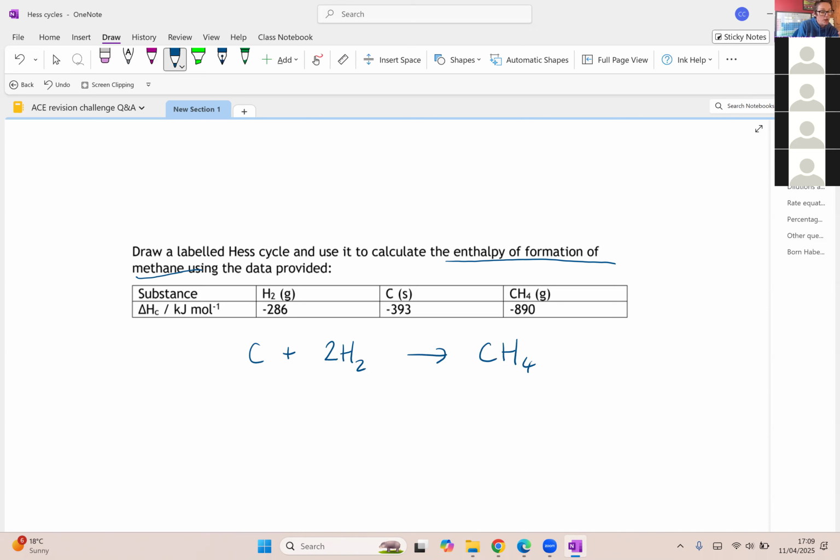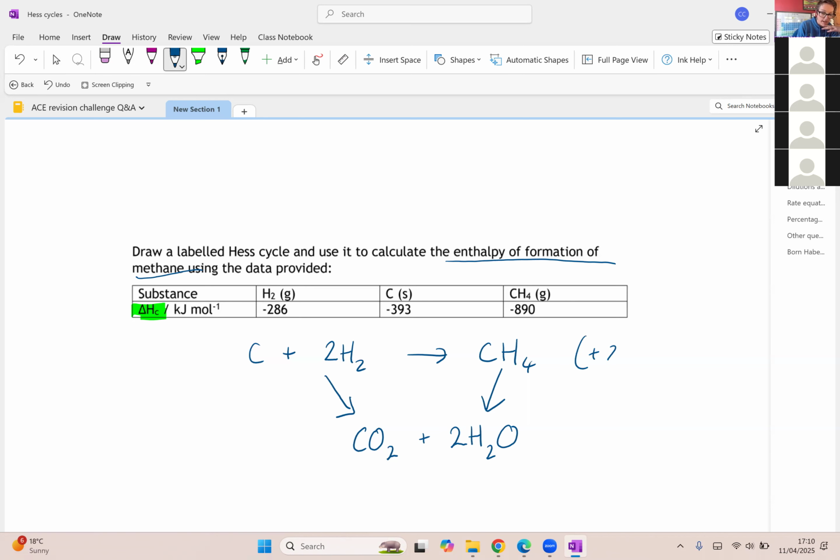And then we use enthalpy of combustion. So I've got enthalpy of combustion values. And enthalpy of combustion means I'm adding oxygen, obviously, and making carbon dioxide and water. So down the bottom, we would put our products going down.